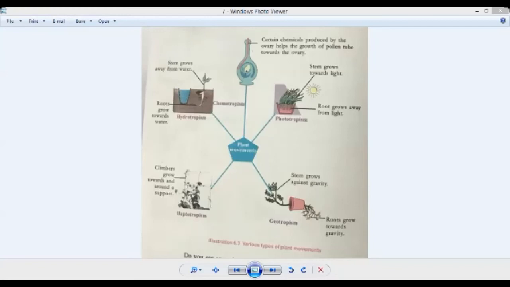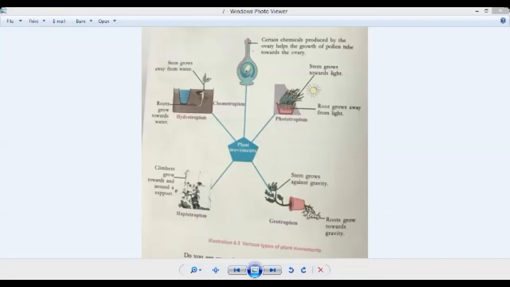That is chemotropism. So phototropism means the stem will grow towards the sunlight and the root will grow away from the sunlight. Chemotropism means certain chemicals produced by the ovary help the growth of the pollen tube towards the ovary.